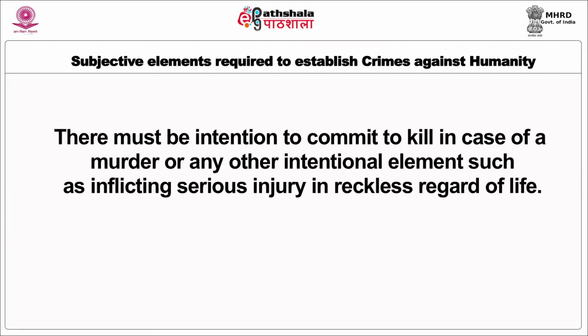The first element that needs to be proved is intent. There must be intention to kill in the case of a murder, or any other intentional element such as the intent to inflict a serious injury in reckless regard of life or personal liberty.